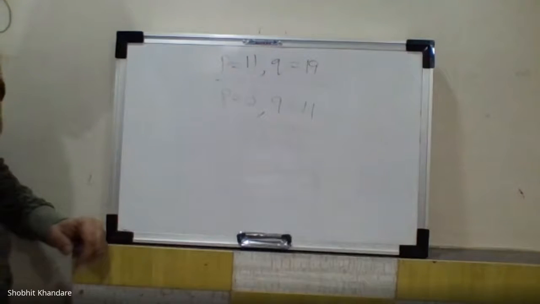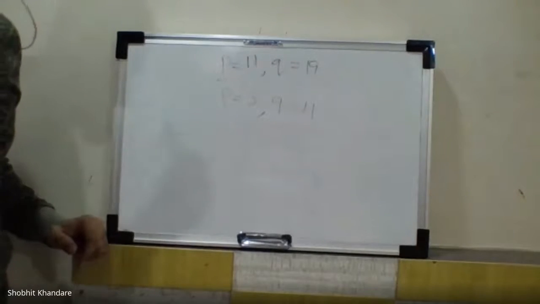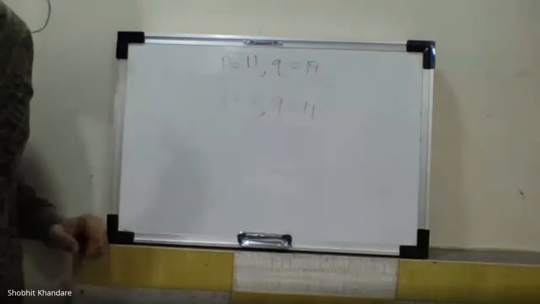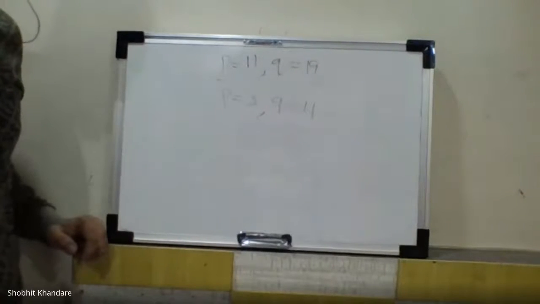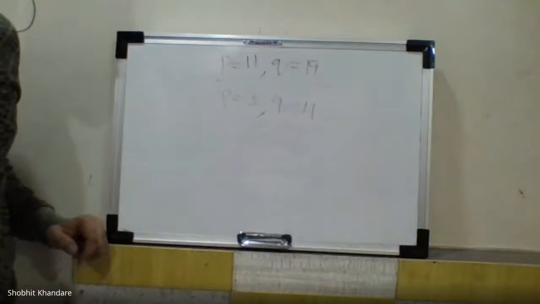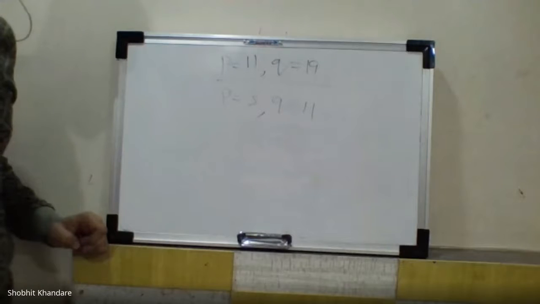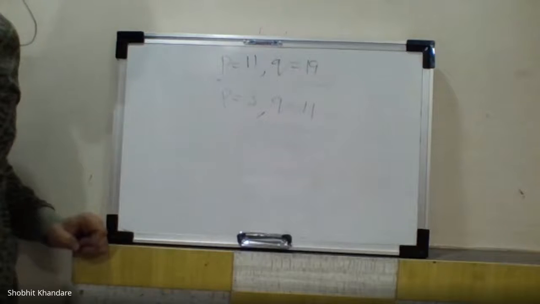Don't write step 1, 2, 3, 4 yet. Before writing step 1, 2, 3, 4, write down: RSA algorithm is the example for public key encryption algorithm. Full stop.